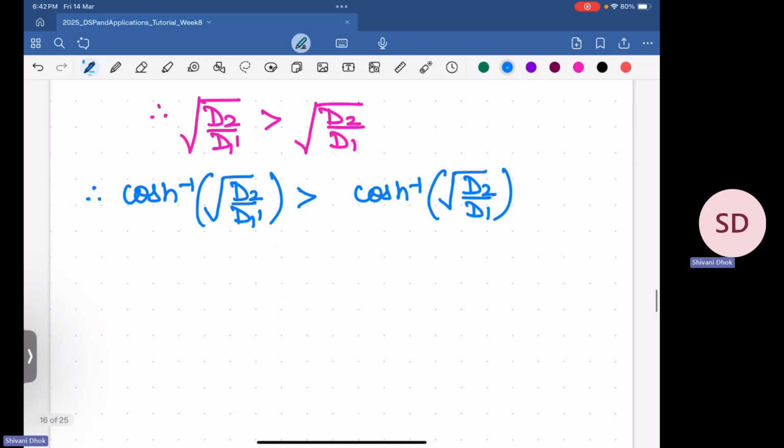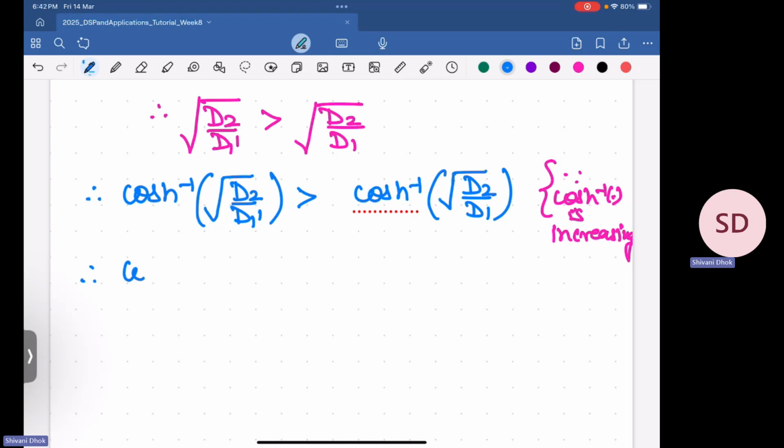Okay, we have this relation. Why? Since cosh inverse is increasing function, so inequality remains same. Now what we'll do is we'll divide both sides by cosh inverse of omega s by omega p.